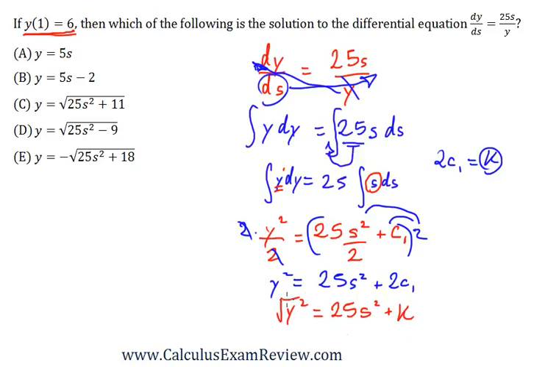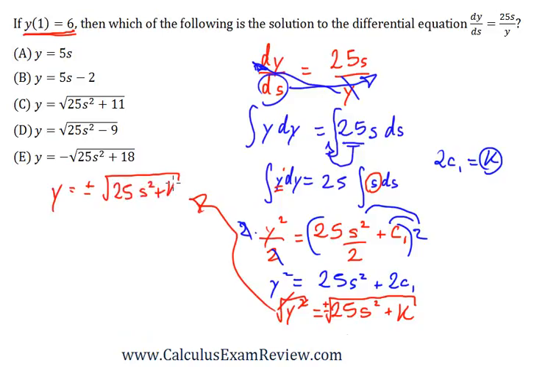Now I can just take the root of both sides of the equation. And we get a plus or minus there, right? Because we're rooting it. So let me just continue over on the side here. The root of y squared is just y. So I get plus or minus the square root of 25s squared plus k.